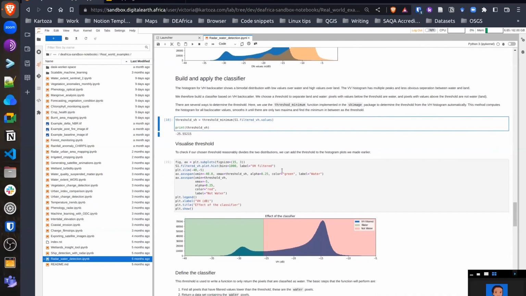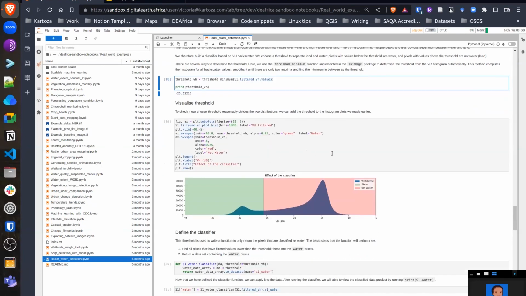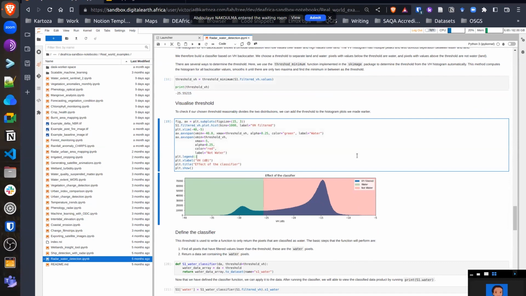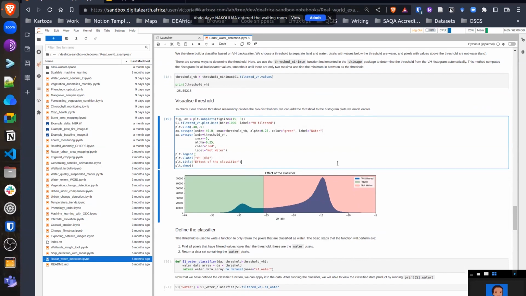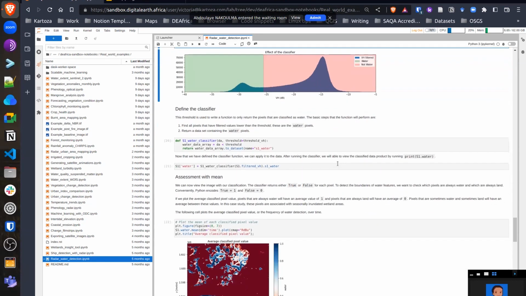So using this threshold, we then classify all the VH images we have in our image collection, so for each image we get either water or not water.